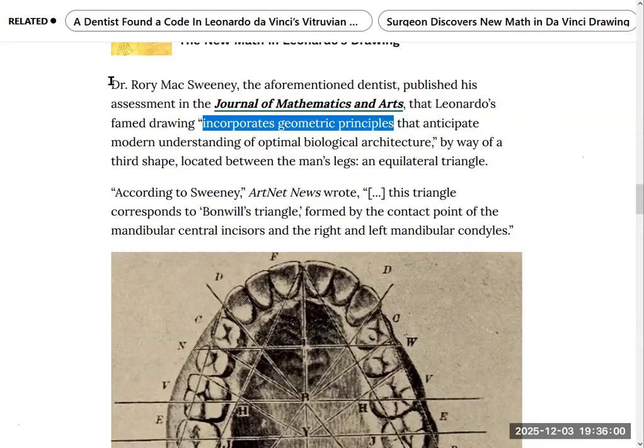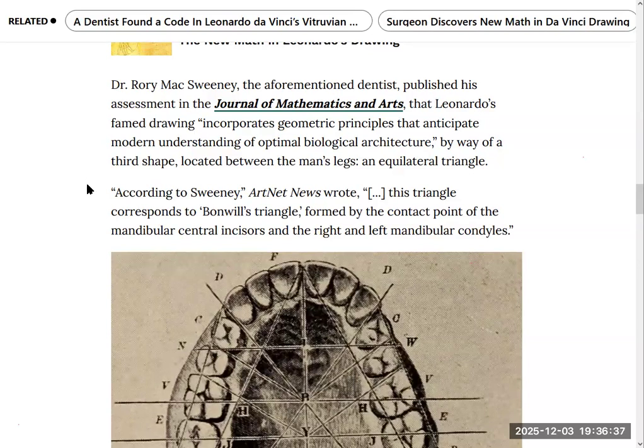Okay, so let me read the whole thing again. Dr. Rory McSweeney, the aforementioned dentist, published his assessment in the Journal of Mathematics and Arts that Leonardo's famed drawing incorporates geometric principles that anticipate modern understanding of optimal biological architecture by way of a third shape located between the man's legs, an equilateral triangle.